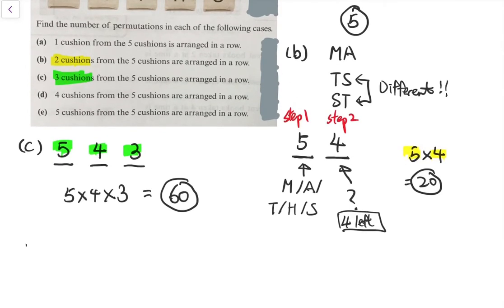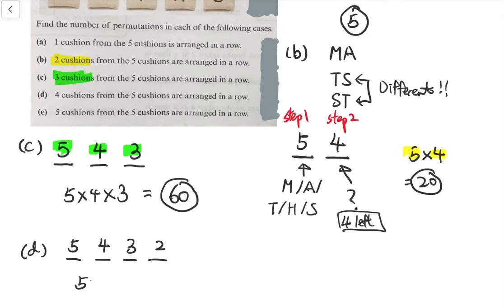For part D, 4 letters, so you get 4 of them, right? This thinking skill is very important. Later there are more complicated questions, and I will show you one by one later on. If there are 4 letters, then the first is 5, and then 4, and then 3, and then 2.